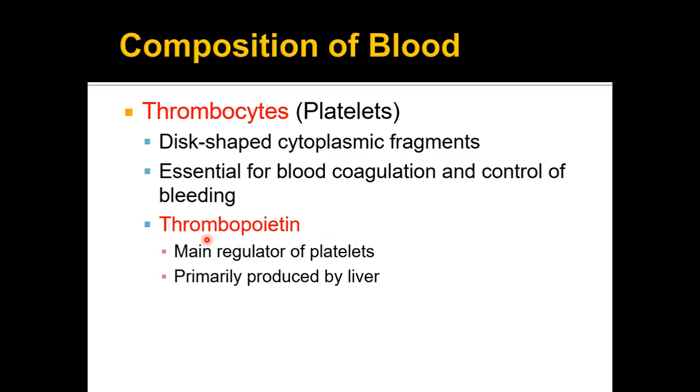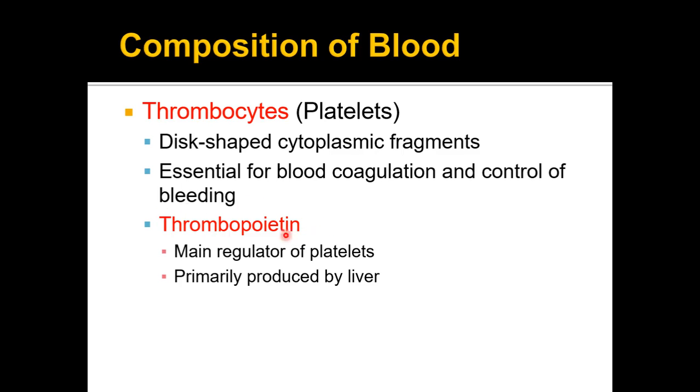So then how are platelets or thrombocytes made? Well, there's a hormone called thrombopoietin, which is produced by the liver mostly, and the liver will make and secrete this hormone, thrombopoietin, and the target tissue of this hormone is bone marrow.